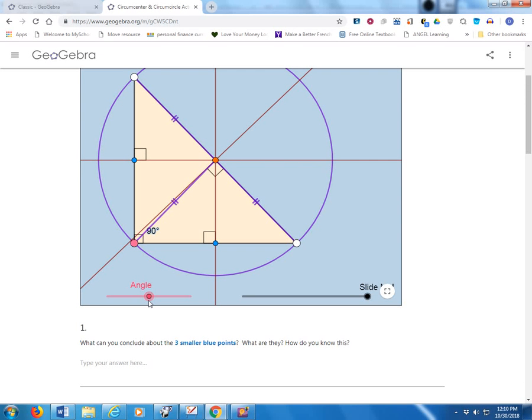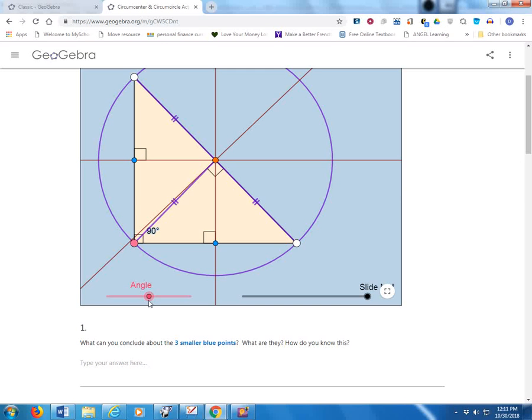When it's a 90, did you notice whether it was acute, the circumcenter was located inside the triangle? When it's a 90-degree angle, the circumcenter is located on the hypotenuse at the midpoint. On the hypotenuse at the midpoint. Hypotenuse is the side of the triangle that's opposite the 90. Okay?